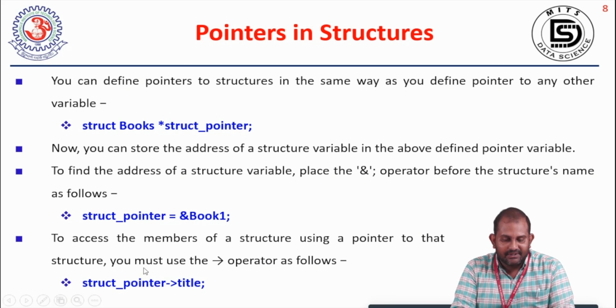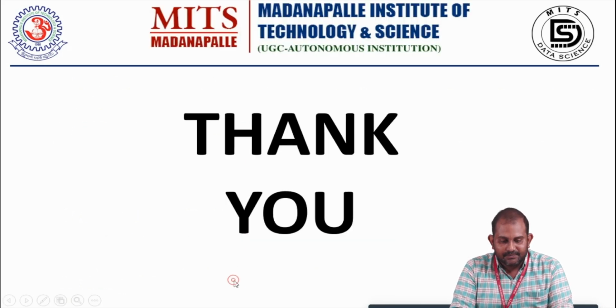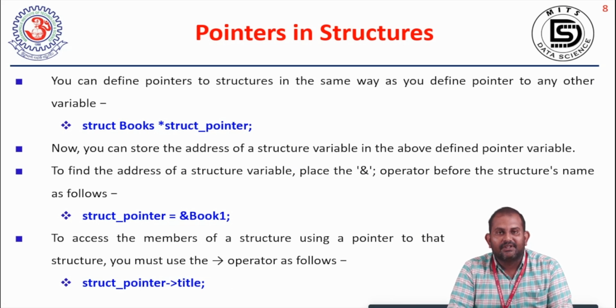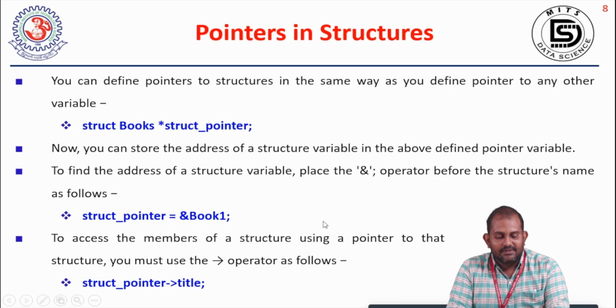After that, we can access these structure pointer variables like general accessing of pointer variables. Likewise we can access these structure pointers: struct pointer pointing to title. Let us see an example.